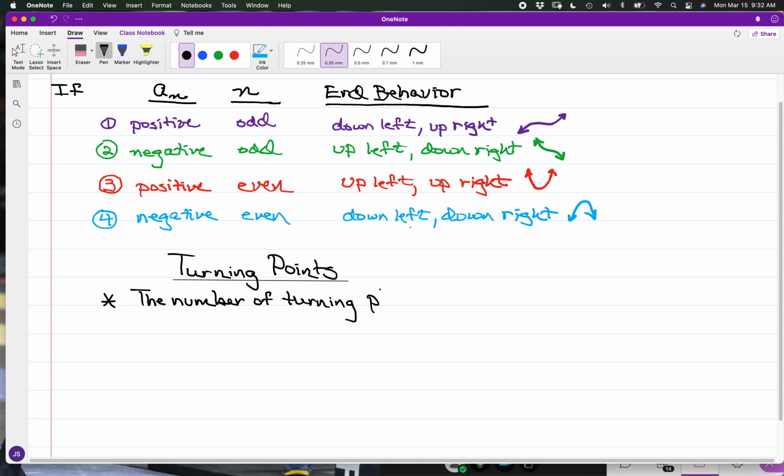Okay, I have a polynomial function f of x. The number of turning points is going to be at most one less than the degree of f of x.